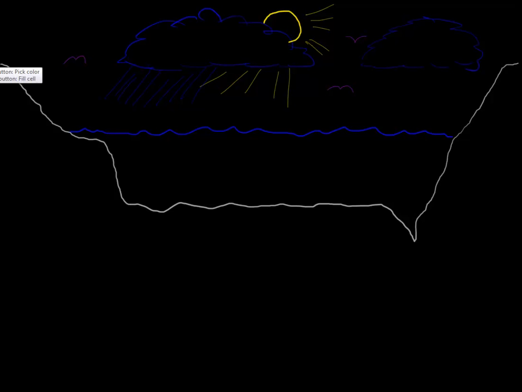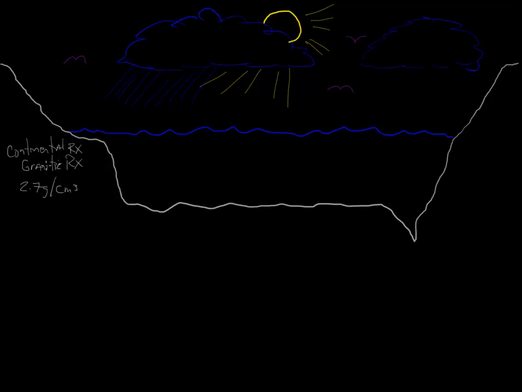Okay, so what we start off with is continental rock. You can also call it granitic rock. It has an average density of about 2.7 grams per cubic centimeter.